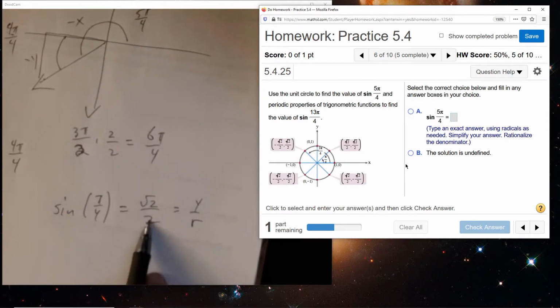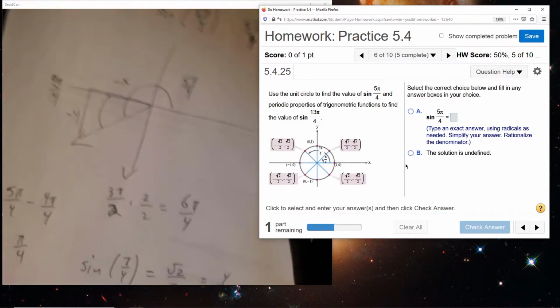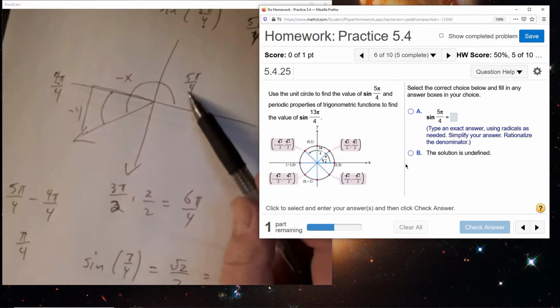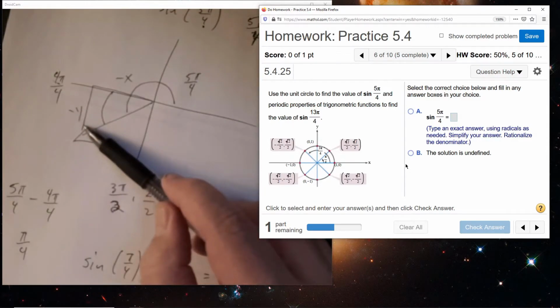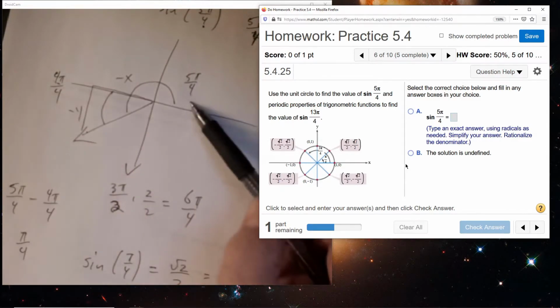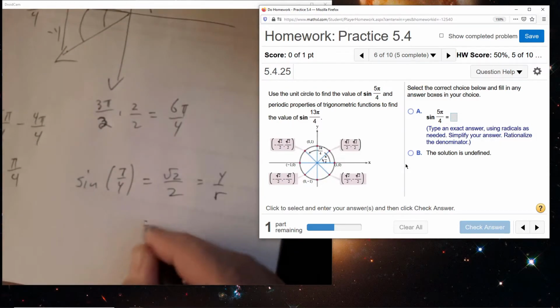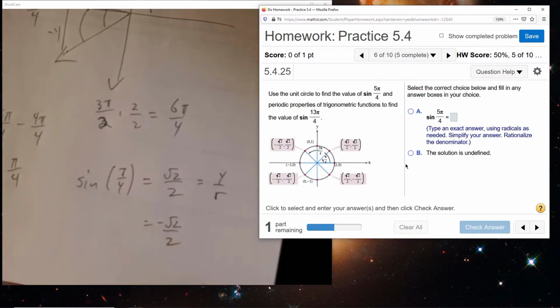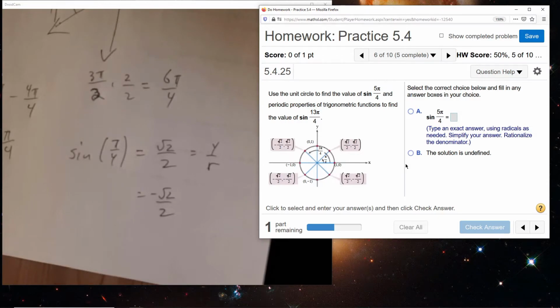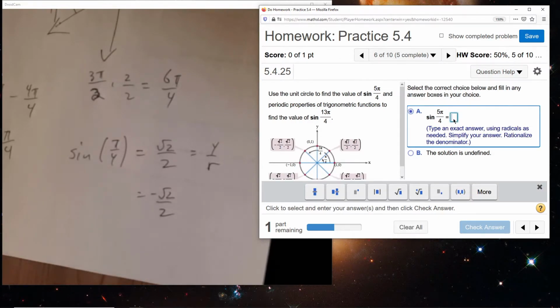So square root of 2 over 2 comes from a positive y over r. That's the reference angle. But if we look back at 5 pi over 4, we actually see y is a minus for 5 pi over 4. And so that's just going to switch the sign then of the reference angle answer. And so we'll get minus square root of 2 over 2.